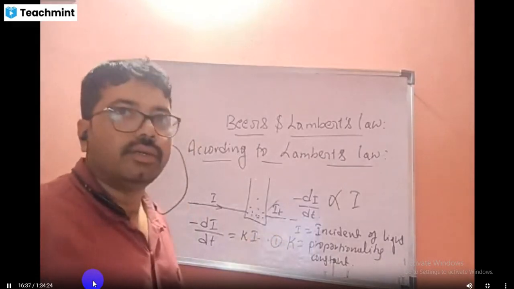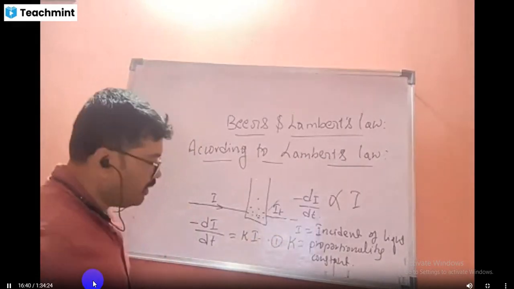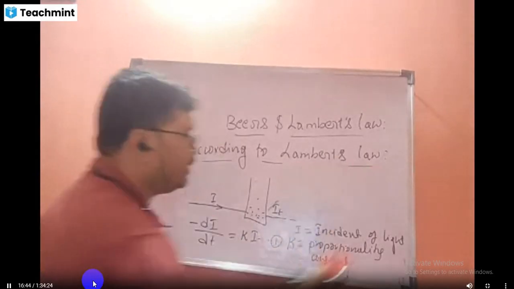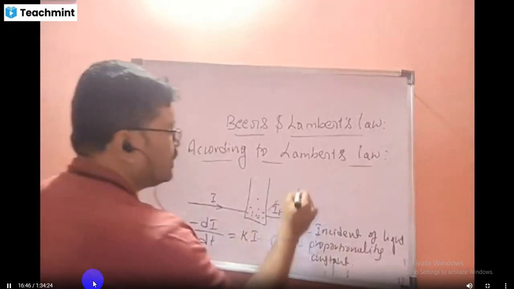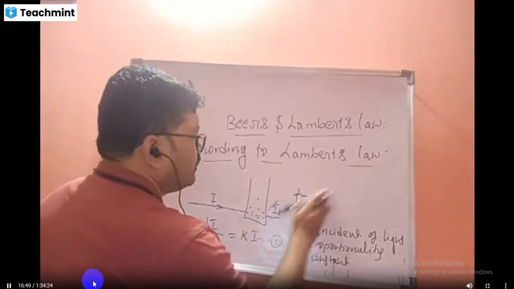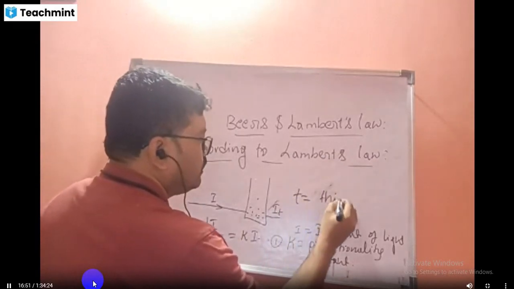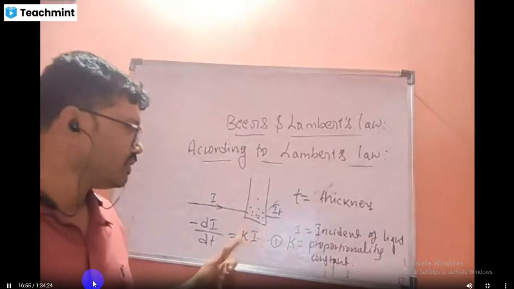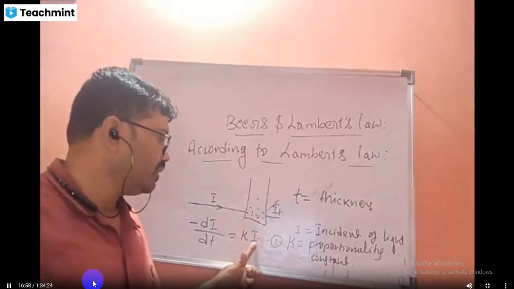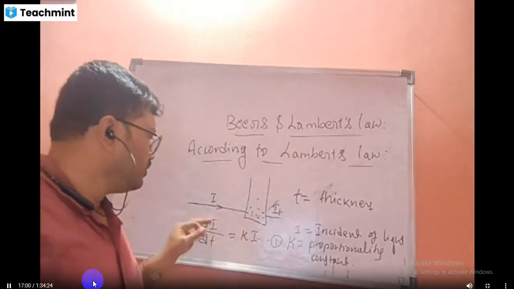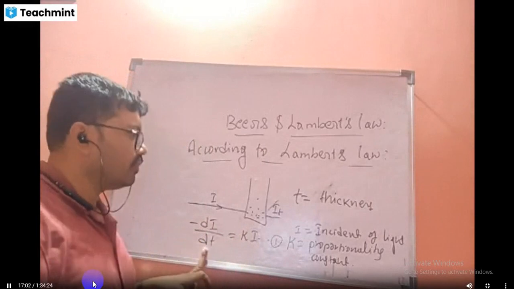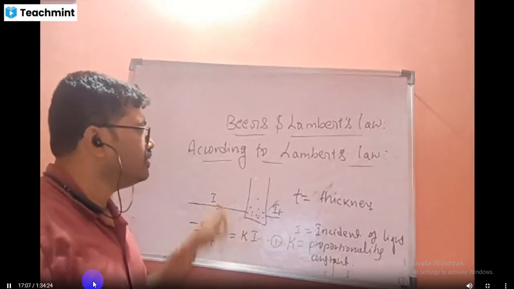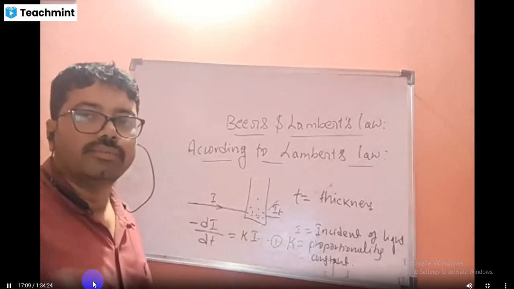And what about t? t is thickness. So this is thickness, proportionality constant, incident light. The incident light decreases with respect to thickness is directly proportional to intensity of incident light. This is according to Lambert's law.